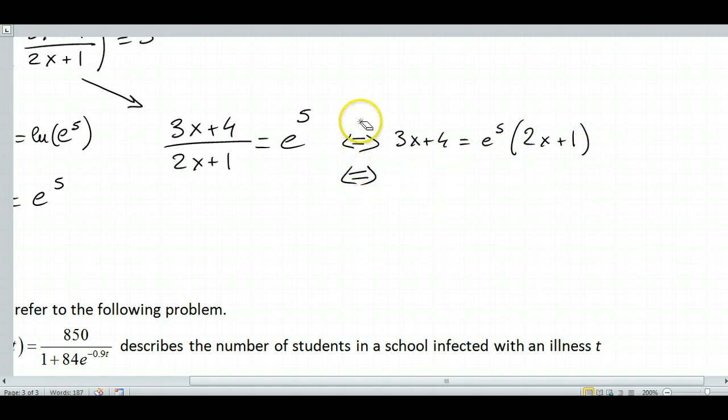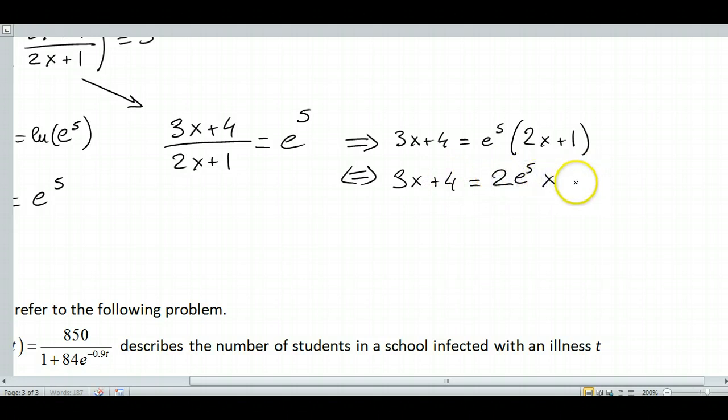Actually, honestly, here it's not an equivalence because I multiplied by a variable expression. Don't worry about all of this technical stuff. I'm exposing you to it, but maybe one day it will make sense if you continue studying math.